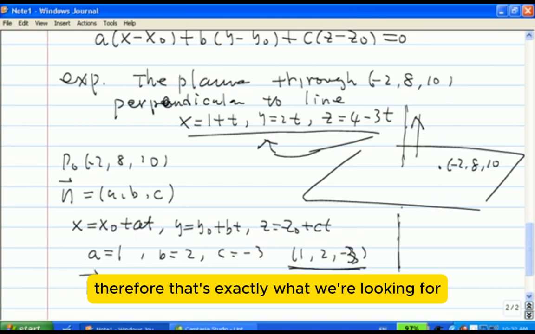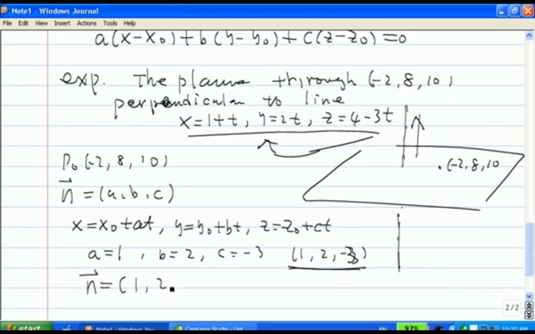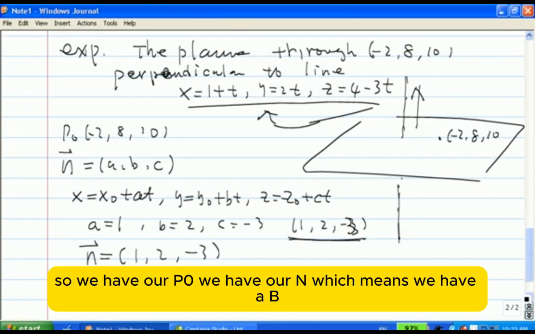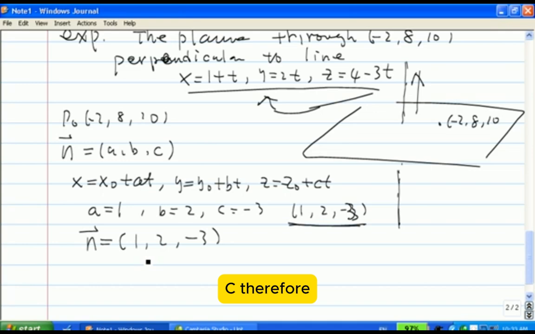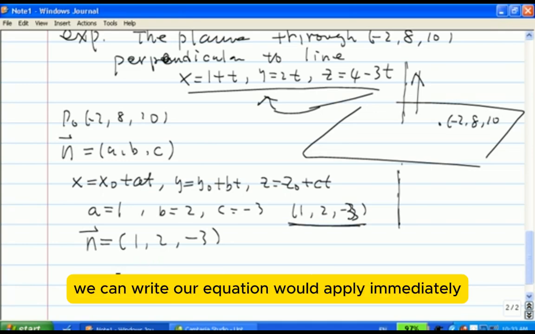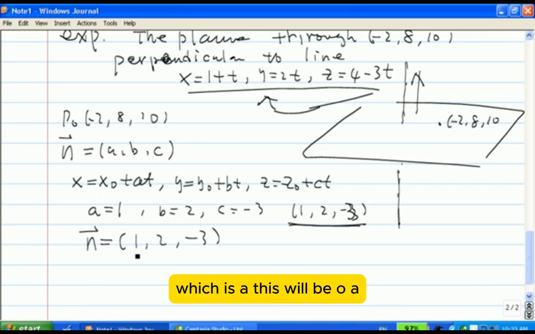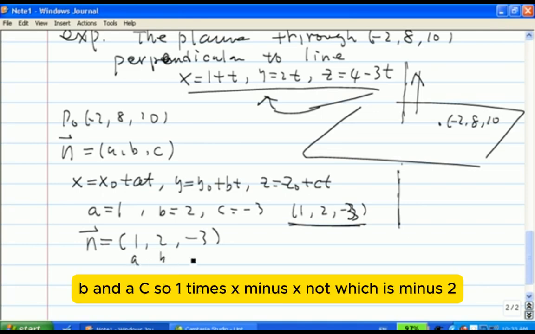Therefore, that's exactly what we're looking for. So we have our P0, we have our n, which means we have A, B, C.